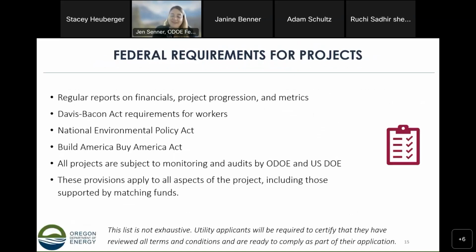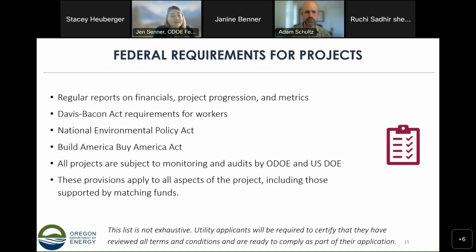With these funds, since they are federal in nature, there will be federal requirements that apply to all of the projects. And these requirements involve regular reports on financial status, project progression, and metrics. In addition to that, there are various terms and conditions that potential applicants may want to familiarize themselves with.